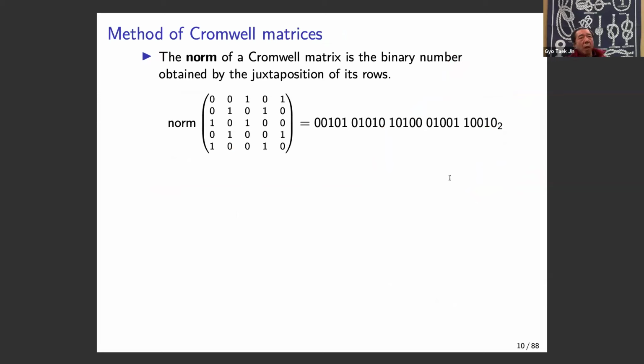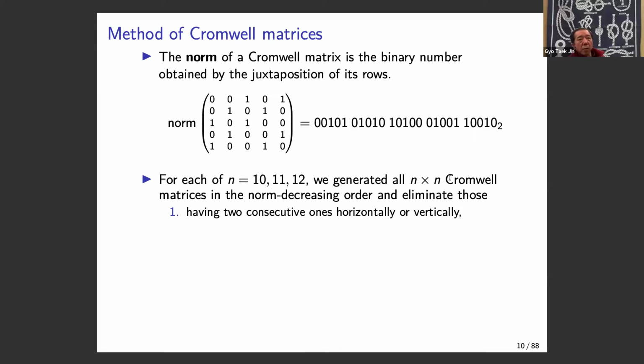For the arc index 10, 11, and 12, we used the Kronecker matrices. For a Kronecker matrix, the norm is the binary number obtained by juxtaposition of its rows.